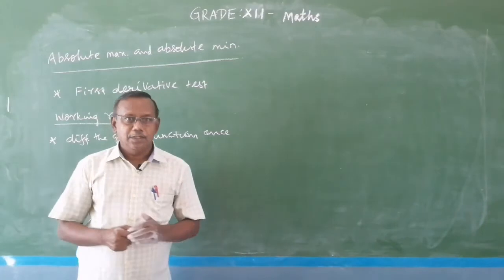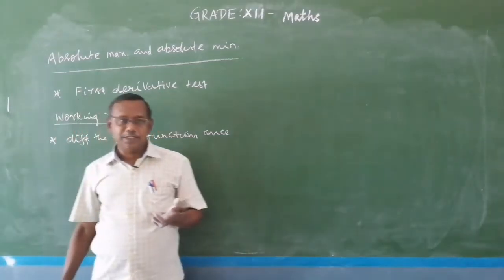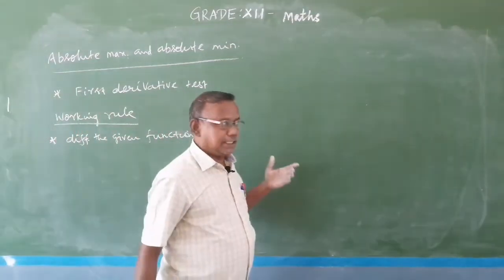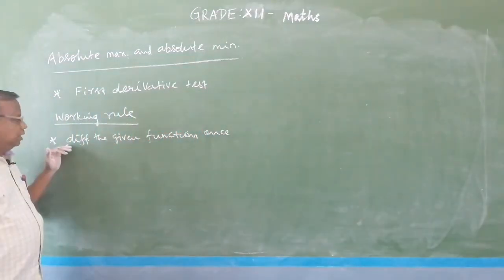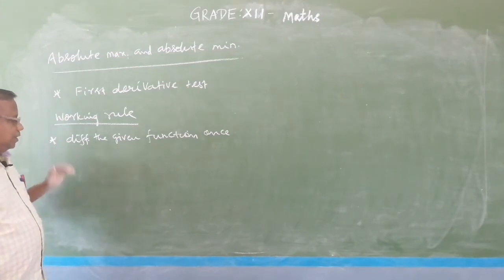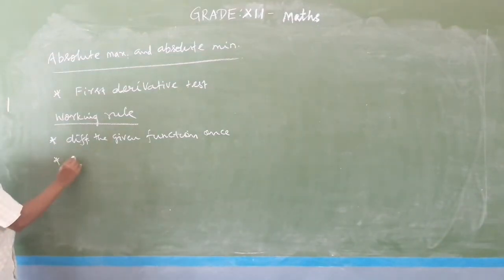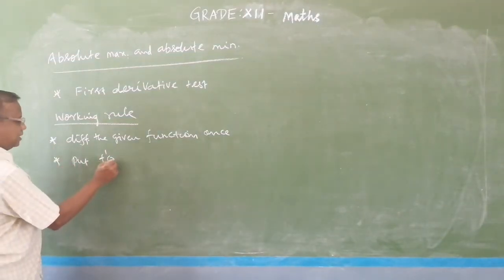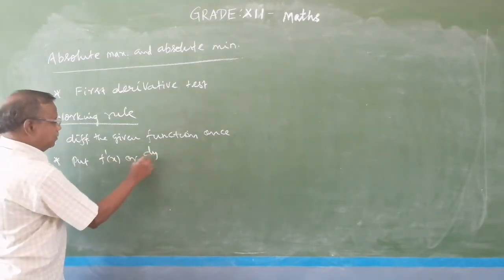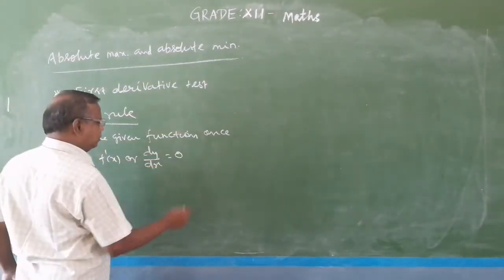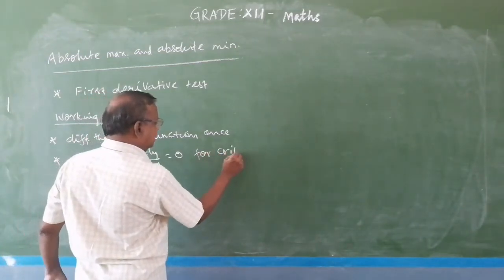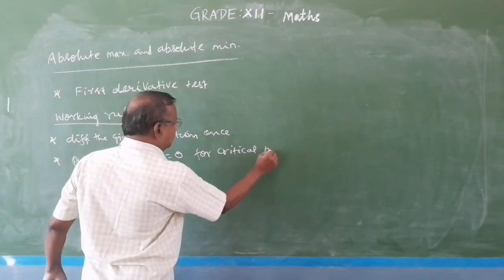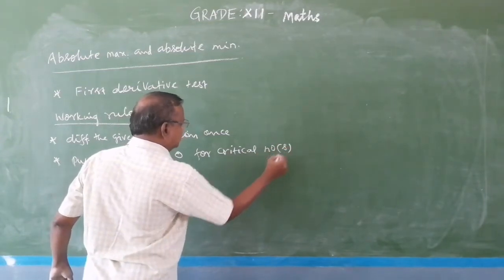So, first of all, let us check the continuity of the function in the given interval. Generally, it will be continuous only. Then differentiate the given function once and put f dash of x or dy by dx equal to 0 for critical numbers.